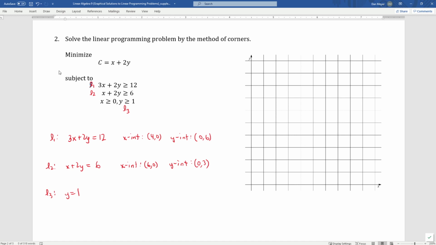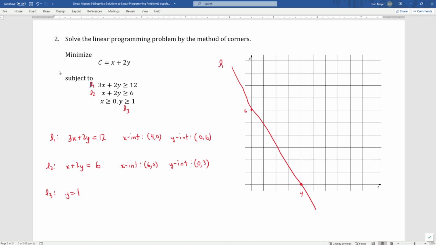So for the first line, we have an x-intercept of 4. 1, 2, 3, 4. An x-intercept of 4 and a y-intercept of 6. 1, 2, 3, 4, 5, 6. All right, there's line 1.